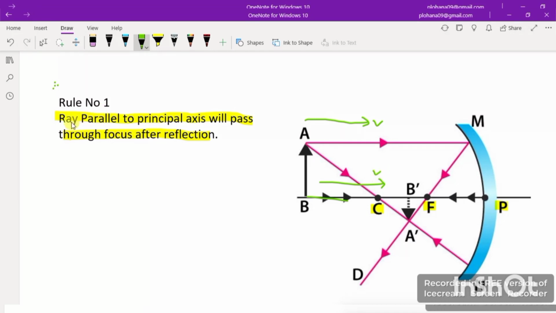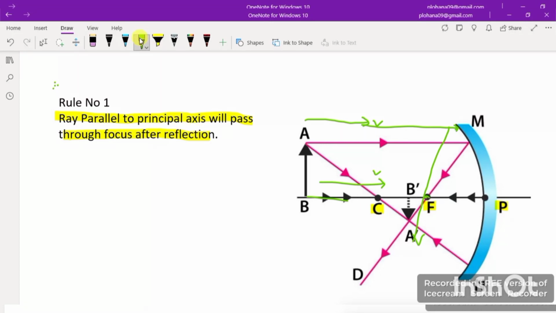A ray parallel to the principal axis will pass through the focus after reflection. It will hit the surface, and where it reflects, it will reflect through this point, the focal point. So basically this is rule number one.